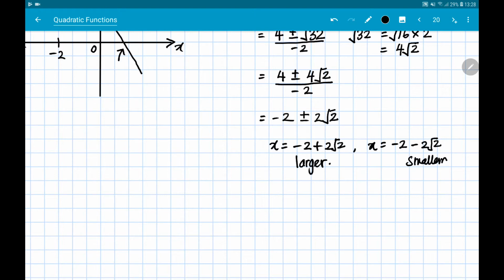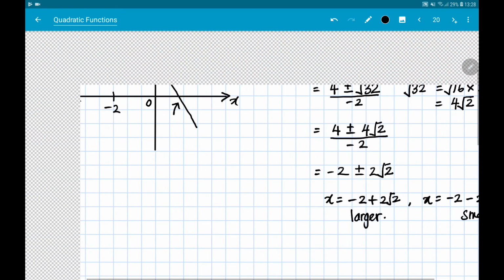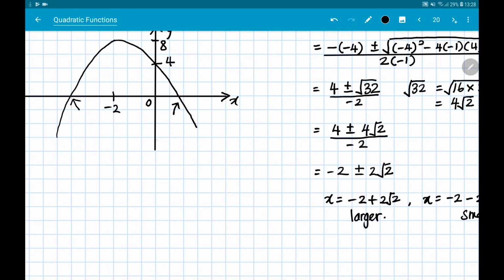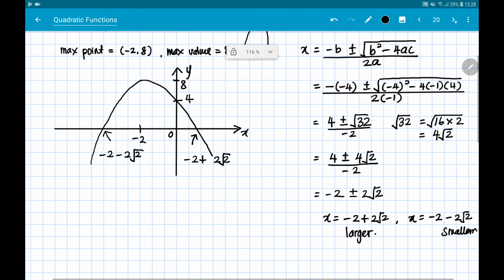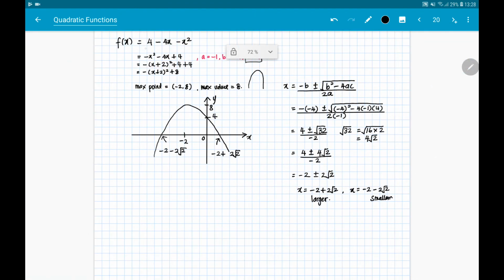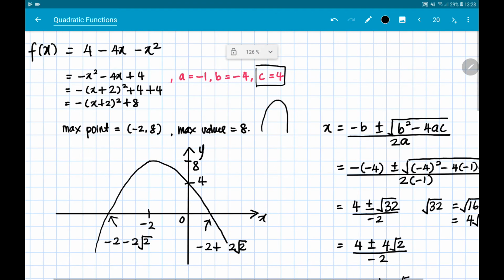Why do I need to know the smaller and larger? Well, because the larger number will be on the right hand side, which means negative 2 plus 2 square root 2, and the smaller number will be on the left hand side, negative 2 minus 2 square root 2. Okay, so this is a function for f(x) equal to 4 minus 4x minus x squared.